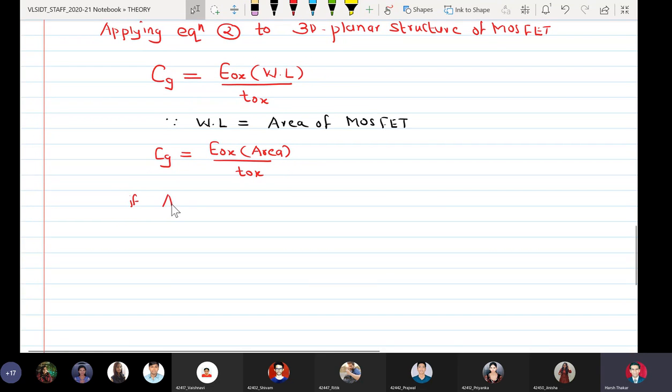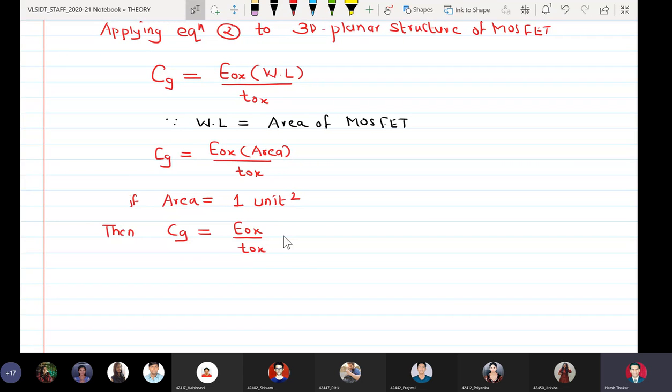If the area is 1 unit square, then Cg will become equal to epsilon ox upon T ox.